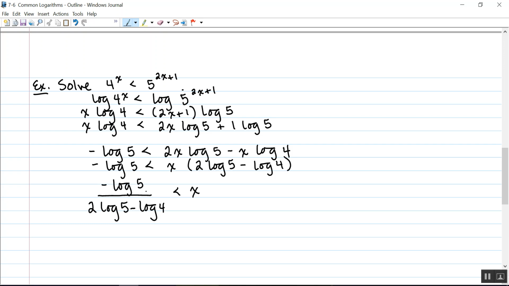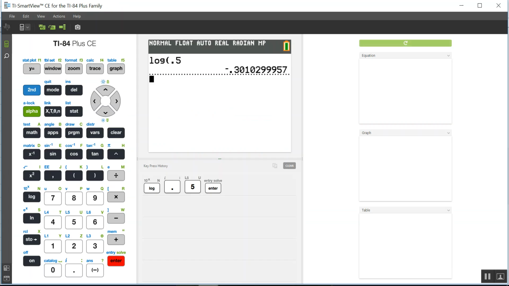And then I can put this into my calculator. In fact, why don't we take a look at how I would do that. So I would actually use a whole lot of parentheses here. So parentheses, negative log of 5. And in my calculator, I actually have to close the parentheses on the log. Now I'm closing the parentheses on the numerator.